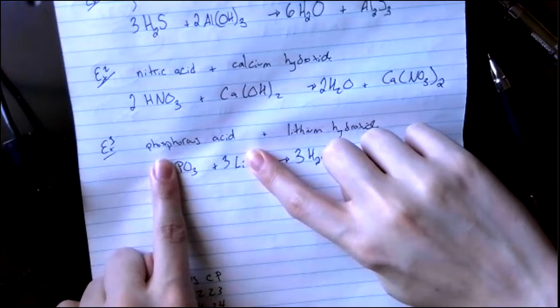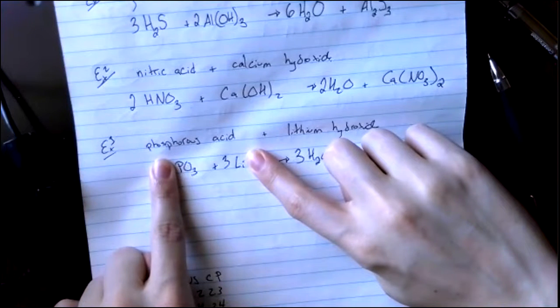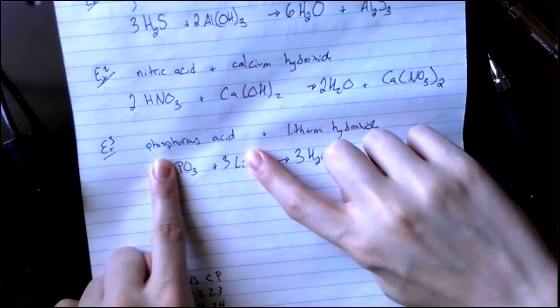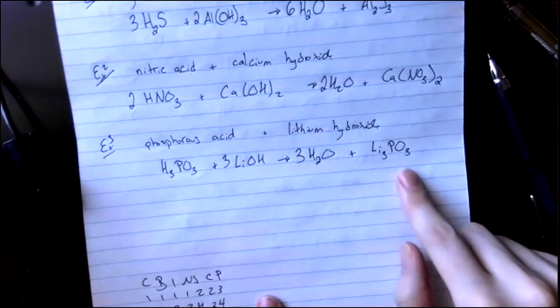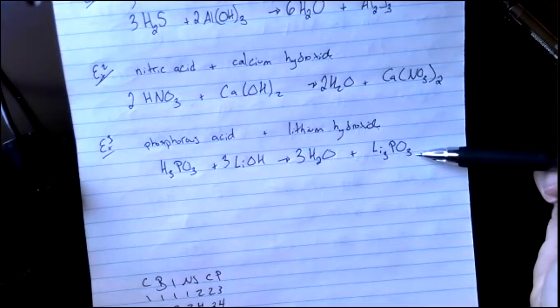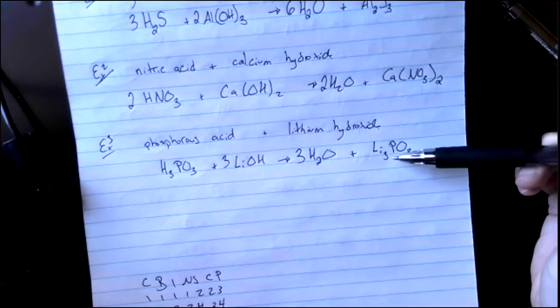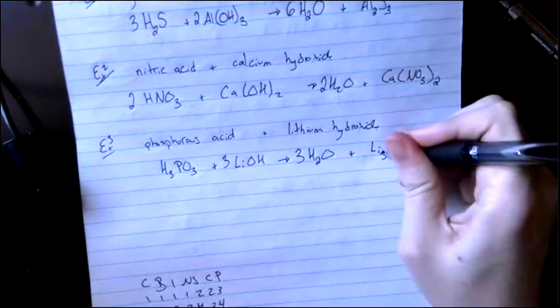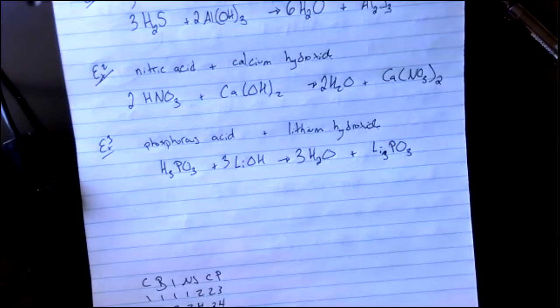So I have my PO3, my phosphite ion, and my Li, my lithium ion. We put the metal first, so lithium phosphite, and then we cross our charges. Lithium has a charge of 1, so I don't have to bother writing that in. Phosphite has a charge of 3, so that is a 3 in there.